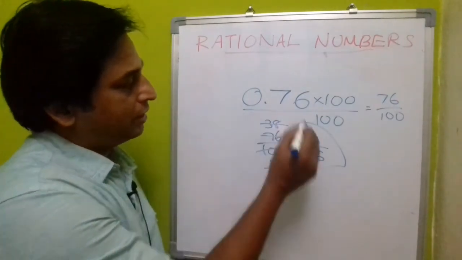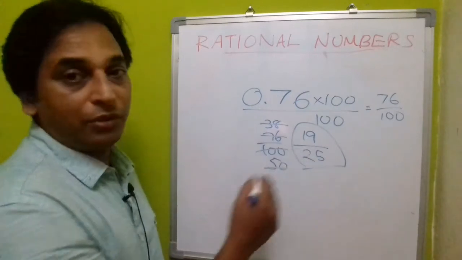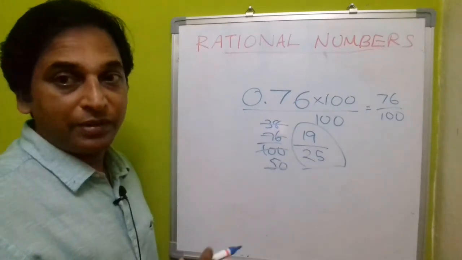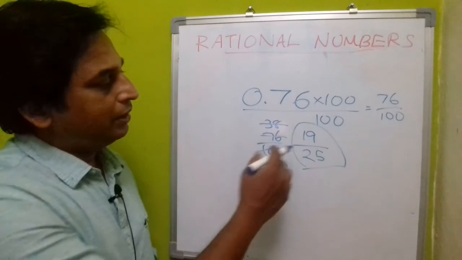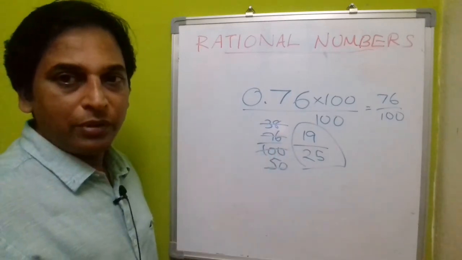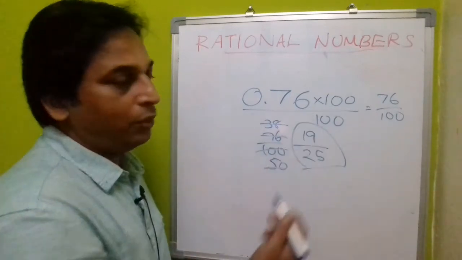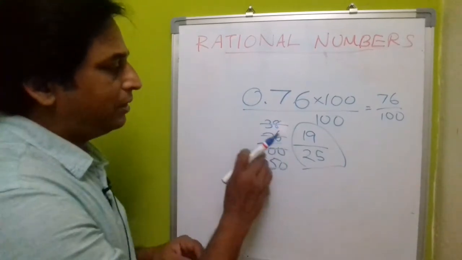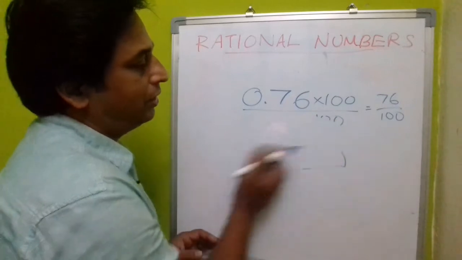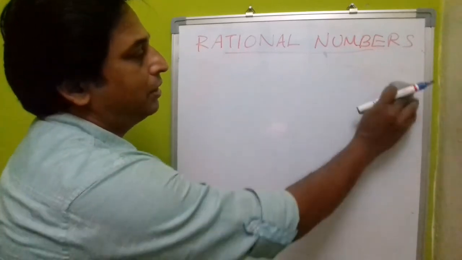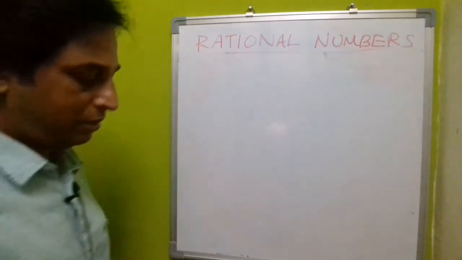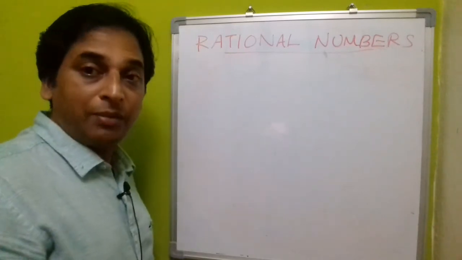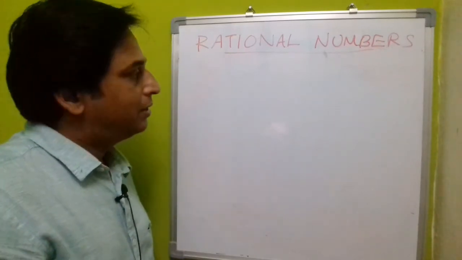So 0.76 can be written as 19 by 25, in the form of p by q where p and q are co-prime. These are rational numbers of which the decimal expansion terminates.